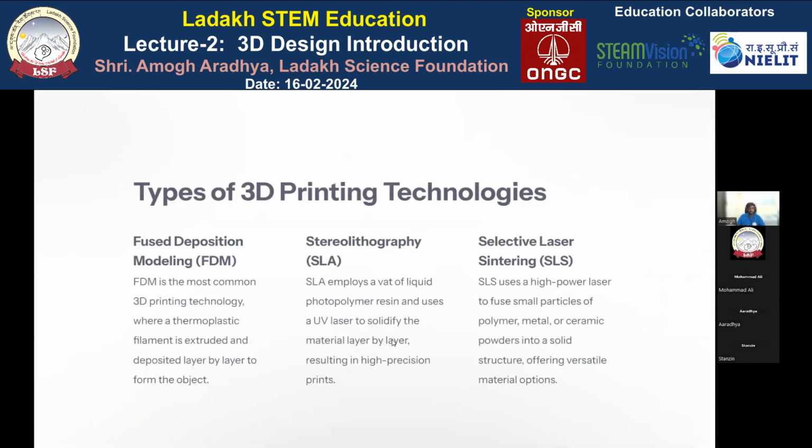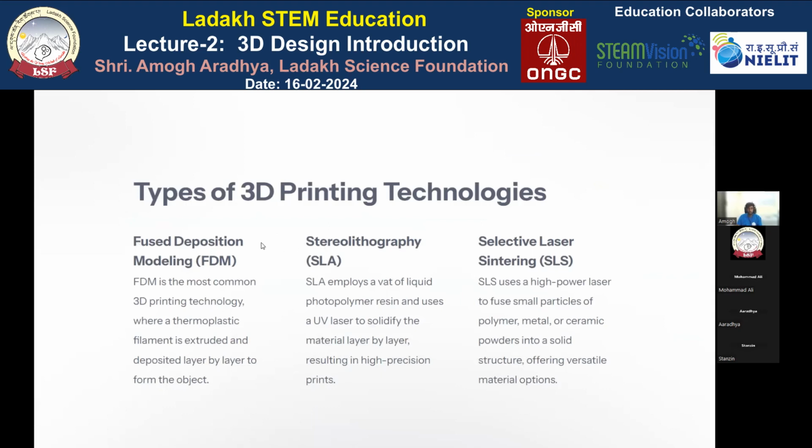Now I'll come to the types of 3D printing technologies. There are a lot of 3D printing technologies, but I want to focus on the three major types used in the industry right now. One is fused deposition modeling, FDM.